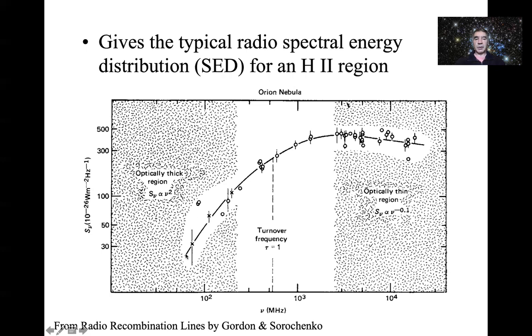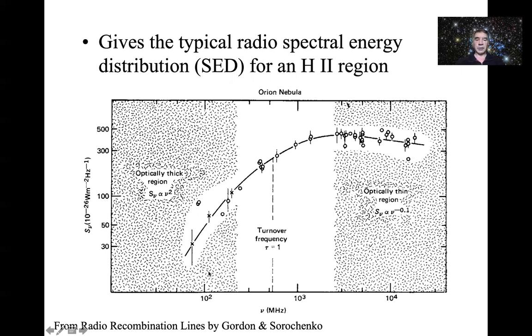And we can see that here at high frequencies, okay, so this is 1,000 megahertz or 1 gigahertz, this is 10 gigahertz. So up here at 10 gigahertz, we can see that the intensity of the radio waves basically stays nearly constant. It's just dropping down a little bit, and that is the nu to the minus 0.1 dependence that we just looked at for optically thin emission.